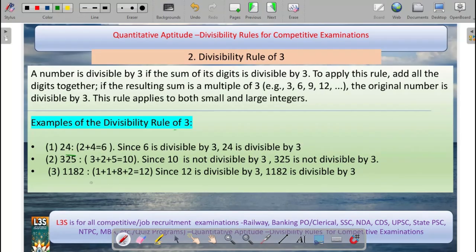Next example, 325. In the case of 325, the sum of the digits is 3 plus 2 plus 5, that is equal to 10. 10 is not divisible by 3. So 325 is not divisible by 3.